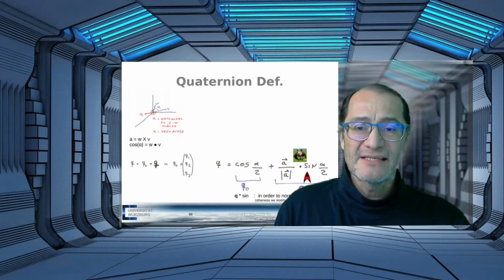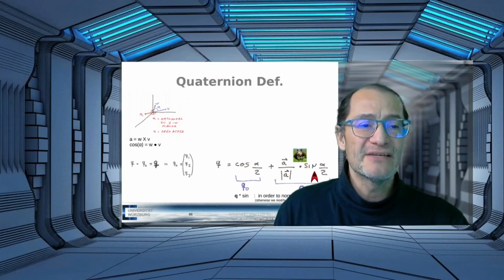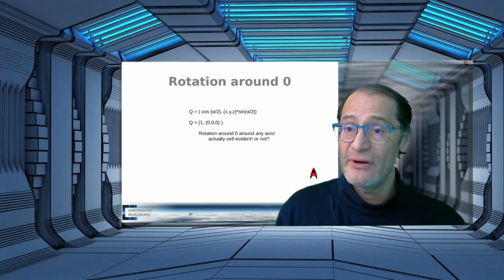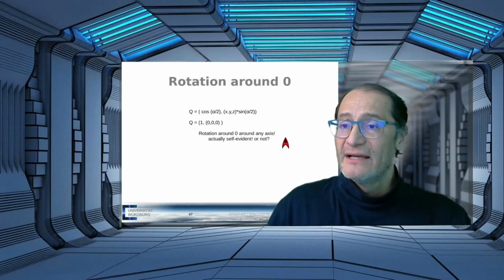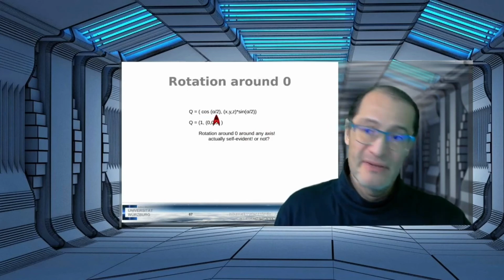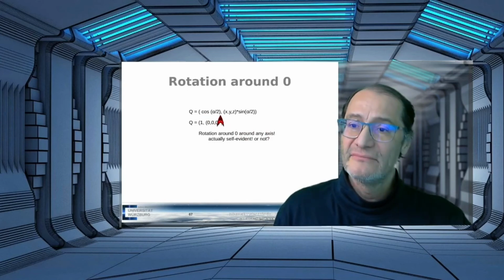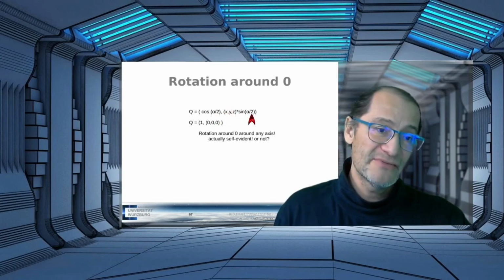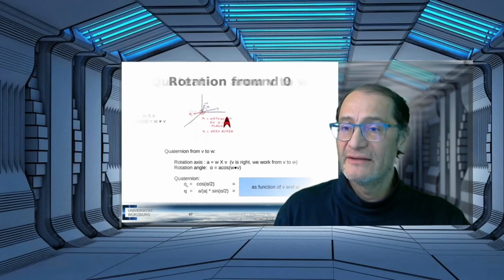Okay, and that is the reason why we have here the sinus. Nothing else, just to have a normalized vector. That's all. So the total quaternion will be the cosinus of half alpha and the rotation axis multiplied by sinus of half alpha.